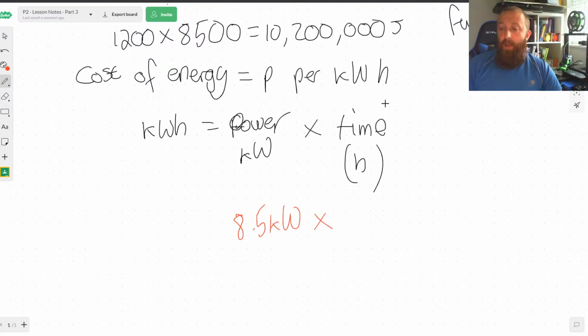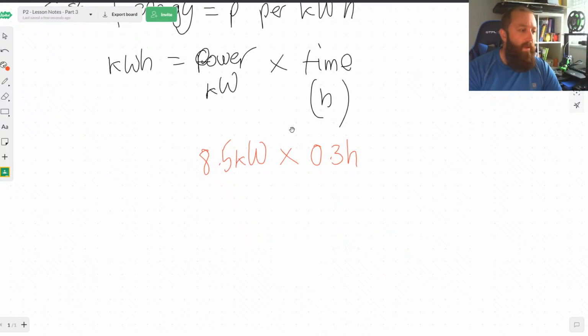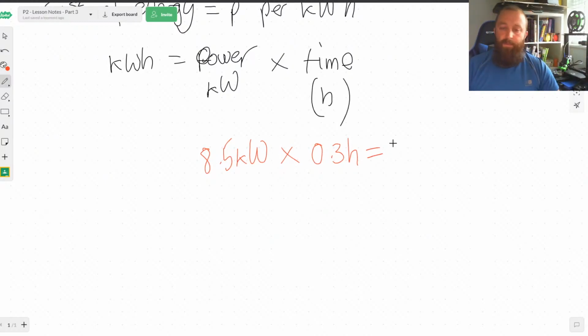The time for this one, 20 minutes, is 0.3 hours, a third. So we multiply by 0.3 hours. 8.5 times 0.3 is going to be equal to 2.55 kilowatt hours.